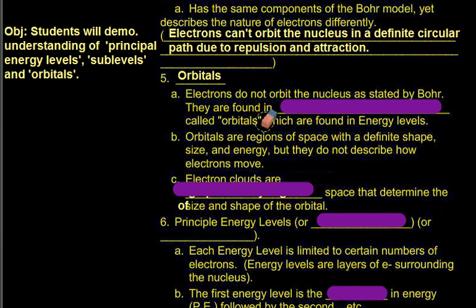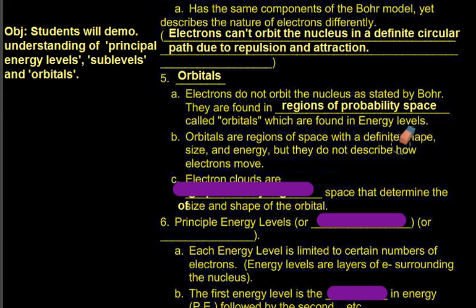As stated by Bohr, there were orbits around the nucleus. And that works just fine for the hydrogen atom. However, for other atoms, it doesn't quite work the same, and we have to come up with some other way of explaining how electrons move. So, electrons are found in regions of probability space called orbitals, which are found in energy levels.